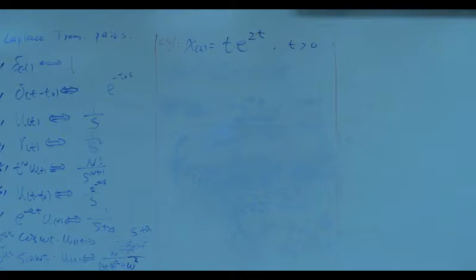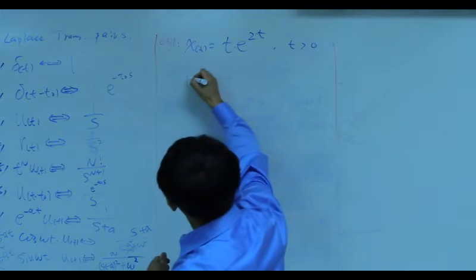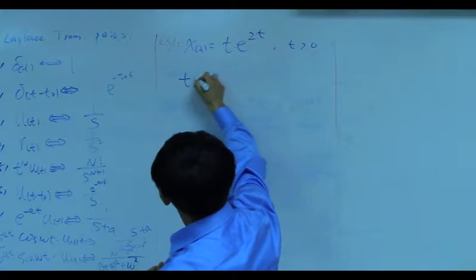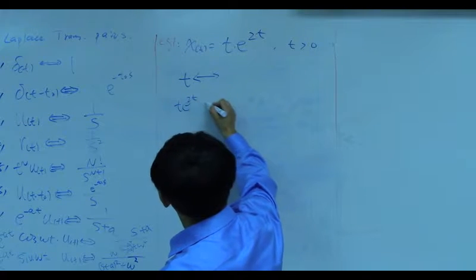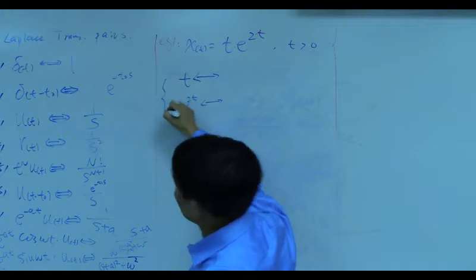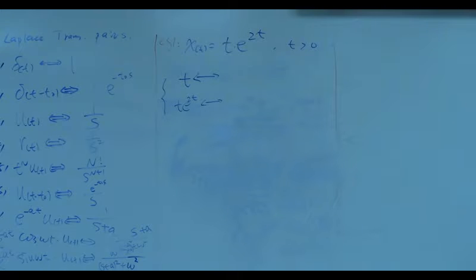At least we have two methods to do this. Because we can use t as the basis. So let's find the transform of t first. Then I use t multiplied by e to the 2t. So that is the first way. Everybody follows what we are doing? Yes or no?